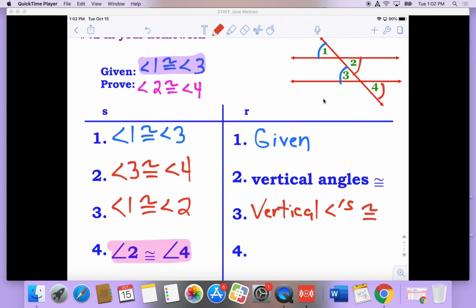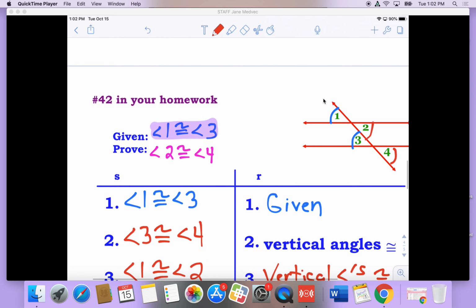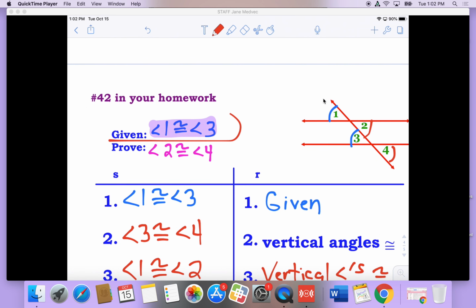So help me out now. What do you think the reason would be for number 4? I'm not going to write prove. Okay, that's not what I'm looking for. Yes. Pardon? I'm not going to put given. That's a good guess. Up here, the only thing that's given to me is right here. So can't put given. Yes. I can put transitive.